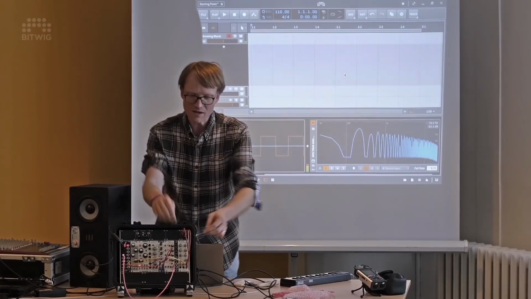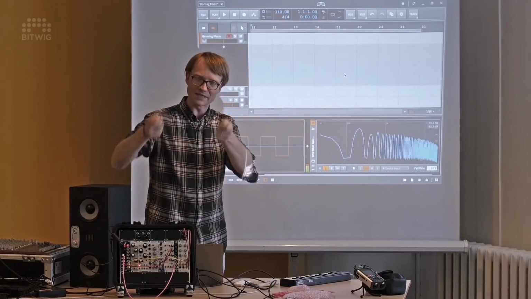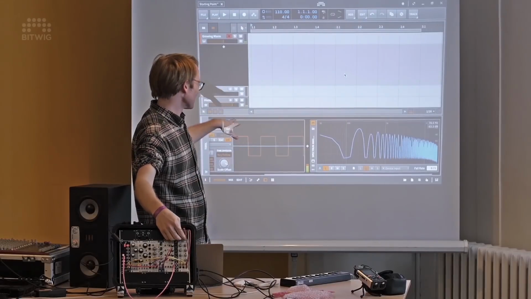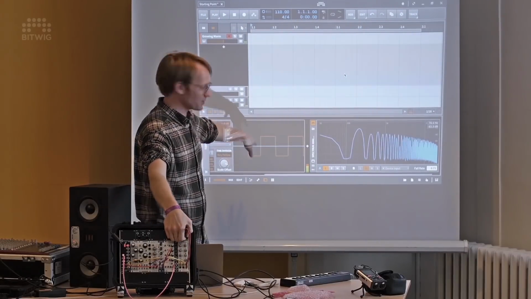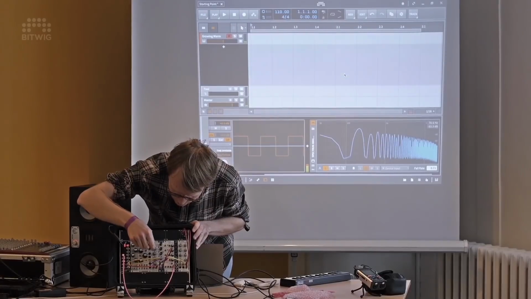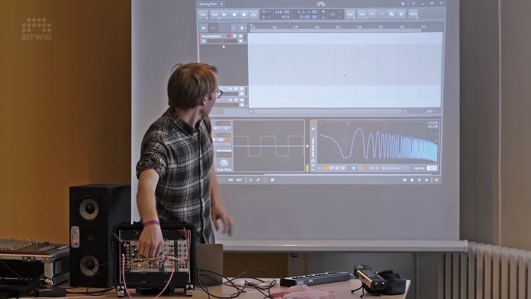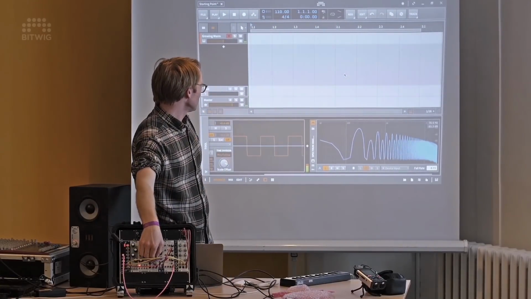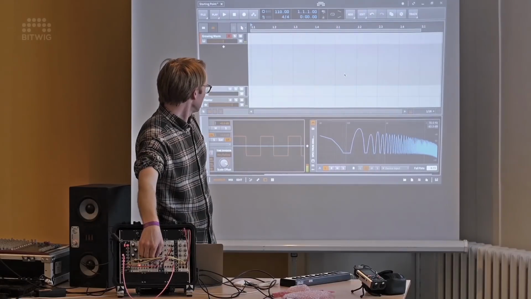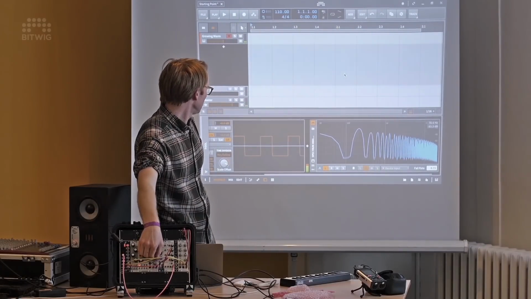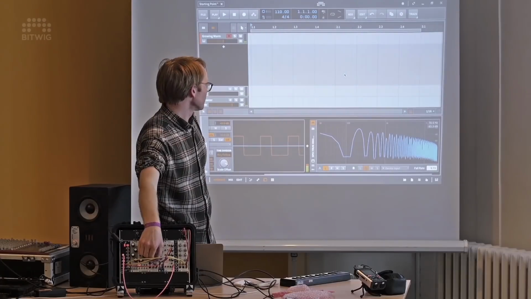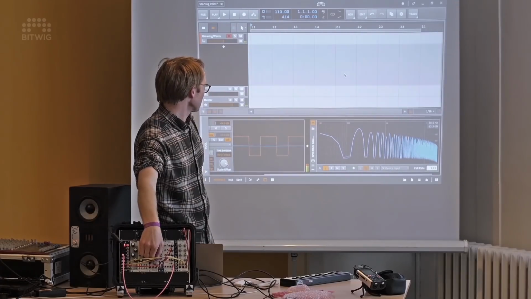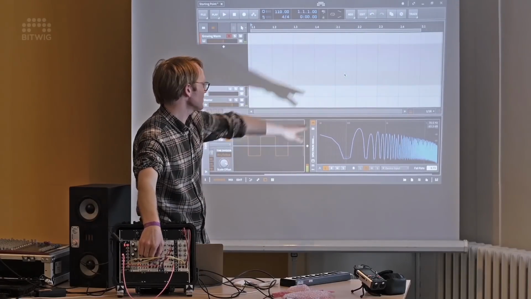The interesting thing here, which is easy to forget when you're busy making music instead of analyzing it, is what actually happens at the different pulse widths as we move away from 50%. We start there, about 50%, everything is about level.